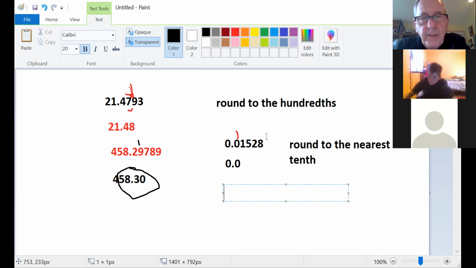I want to round this number 0.01528 to the nearest thousandth. What would that be, do you think? Would that just be 16, because I'd just add 1 to it?